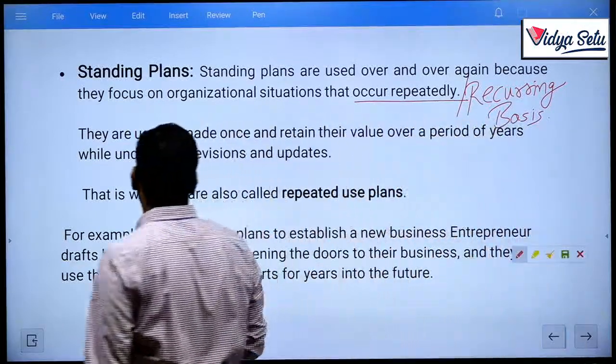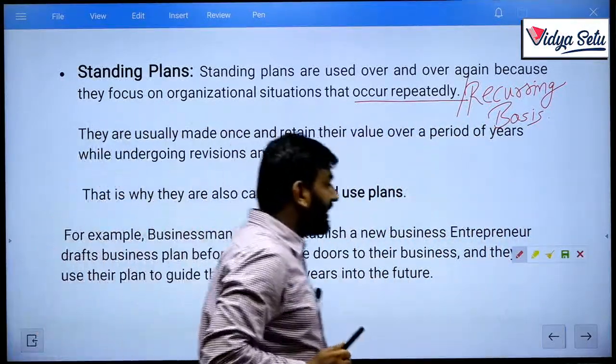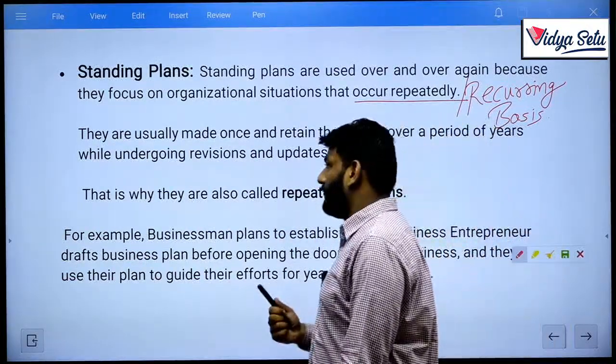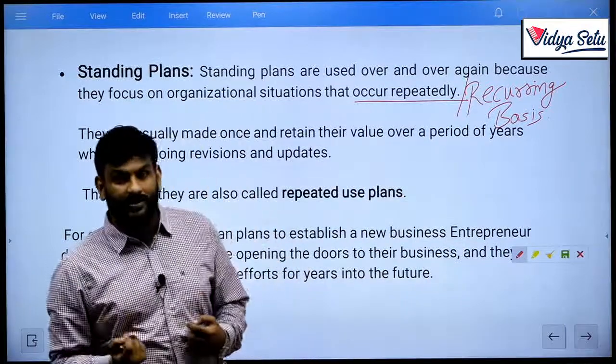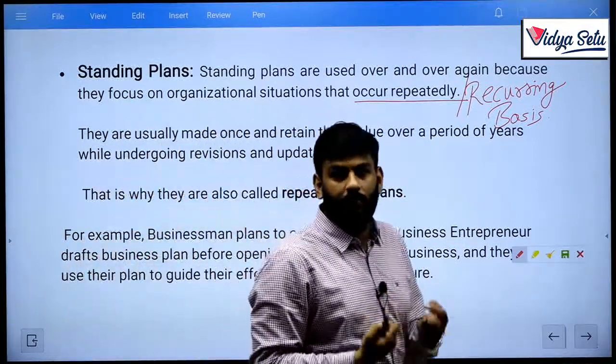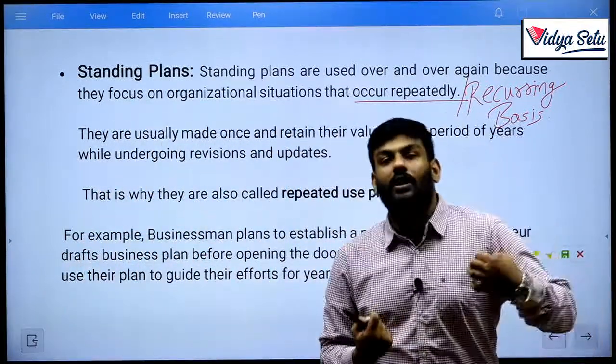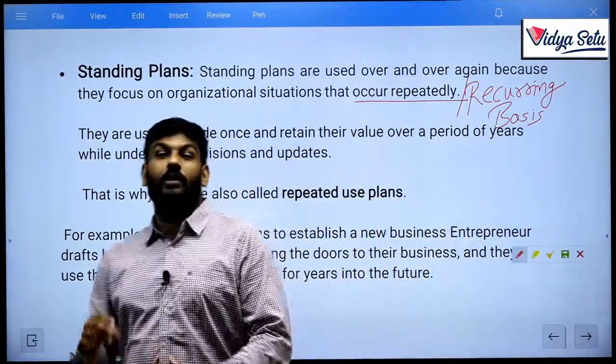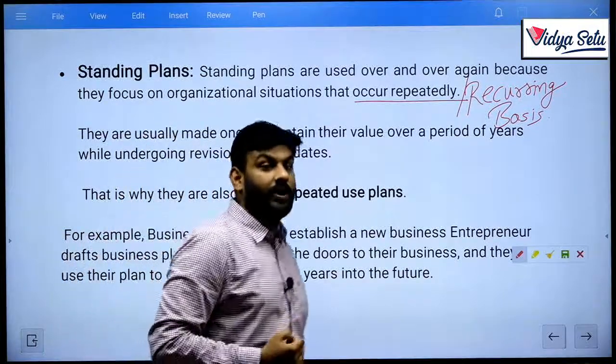Next, they are usually made once and retain their value over a period of years while undergoing revisions and updates. They are generally made once, maybe for a lifetime, or for a project, but they can be updated and modified whenever we require.